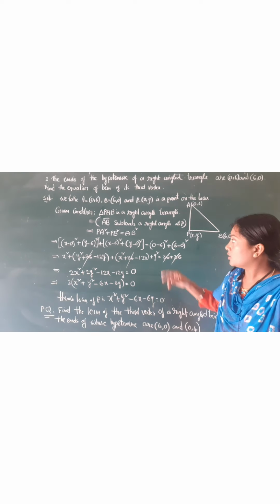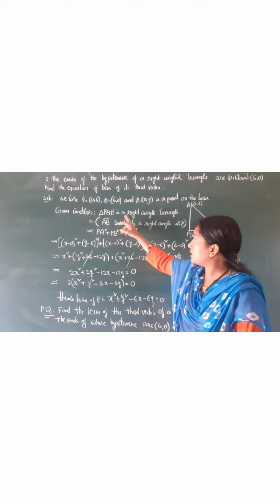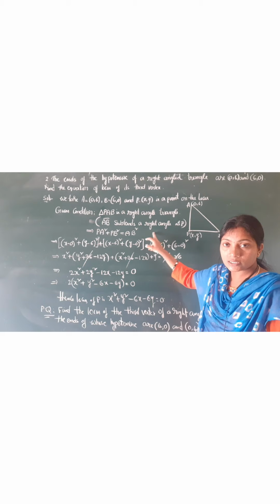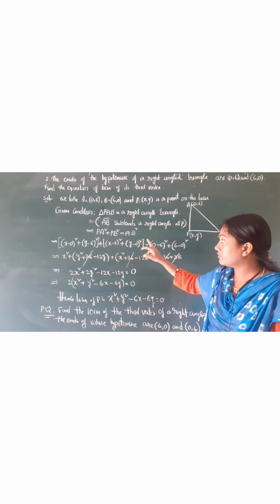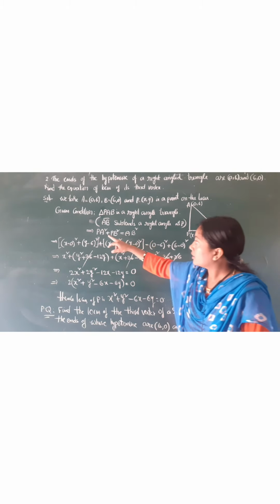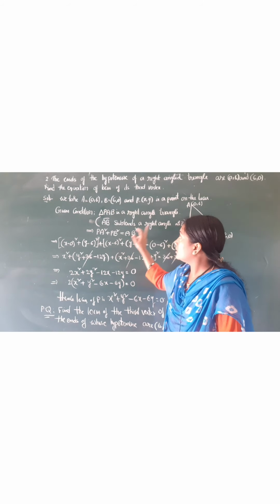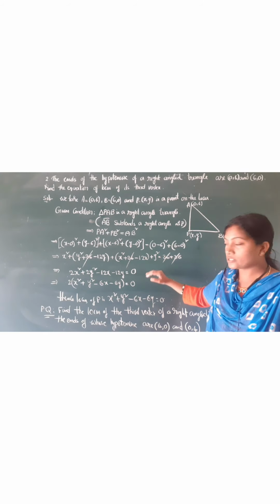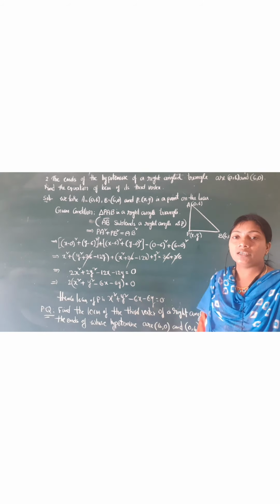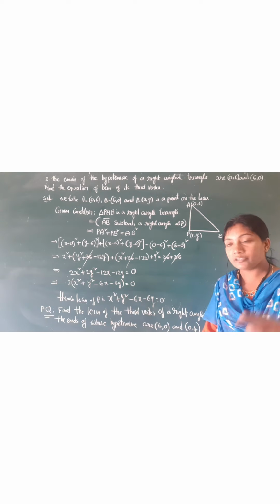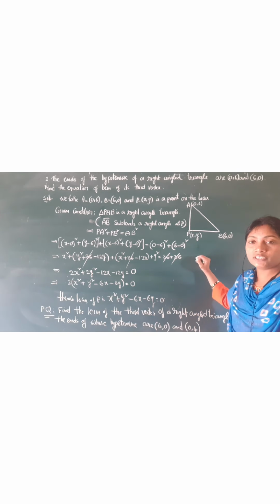So finally, triangle PAB is a right angle triangle. By Pythagoras theorem we can write PA square plus PB square is equal to AB square, and using PA, PB, AB we can find the values and solve it. Then ultimately we will get the locus equation of point P.